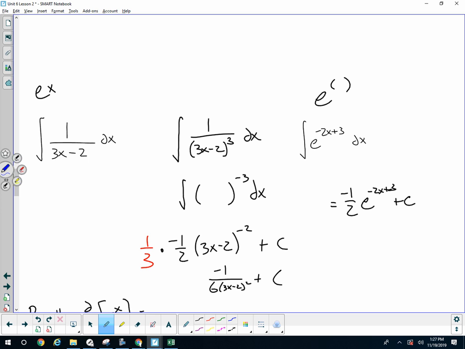A hint: think of this as something to the first power, as like the outside. We know that the power rule does not work for x to the negative first. The power rule does not work for stuff to the negative first. Think about it in terms of 1 over x. If you know the antiderivative of 1 over x, you know the antiderivative of stuff to the negative first.